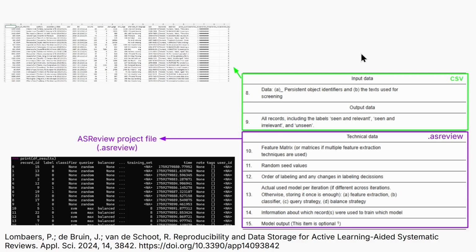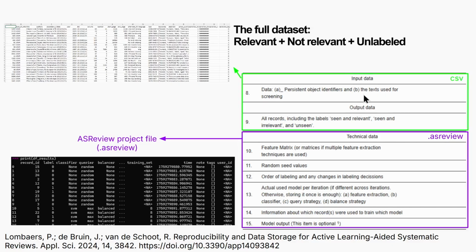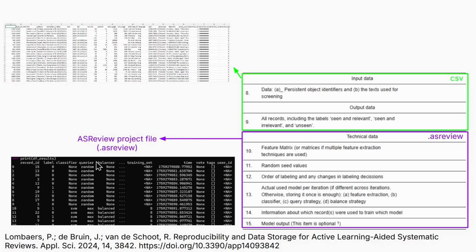As you notice, the CSV file is this file, but it's not the relevant plus non-relevant. This file includes all the data, because you have to include the input and the output data, and for that reason you also include the not seen studies. So the full data is the CSV that you have to provide, and this other technical data file is a file that you can only see with some code.